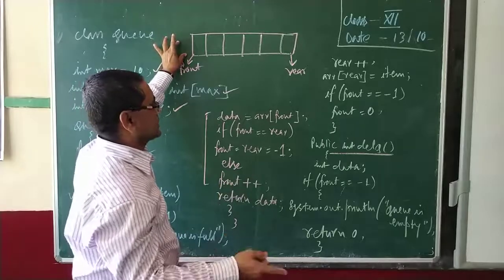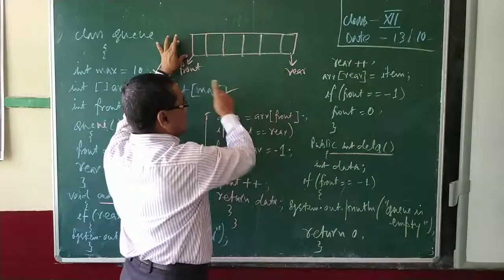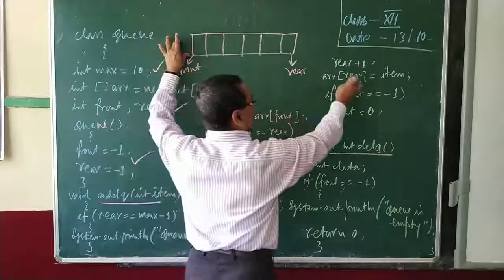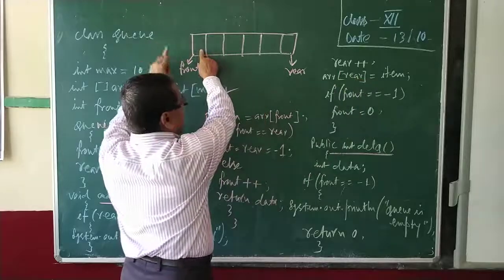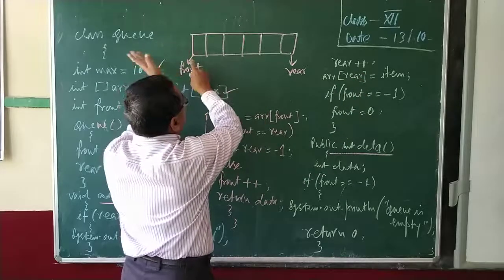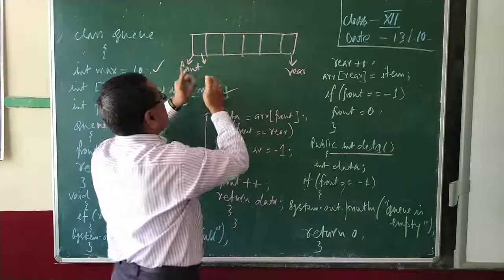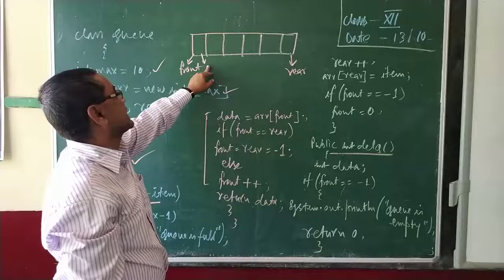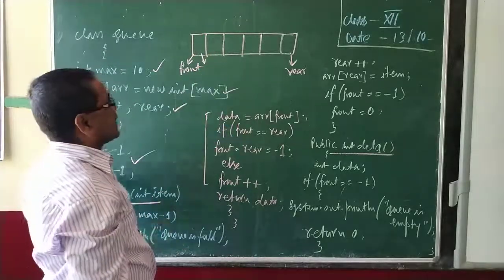You are adding the first element, and because of plus, rear becomes 0. So ARR rear equal to item, and rear is here. Front was still -1, so now front also becomes 0, because for the first time when you are adding, this is the front, this is the rear. When there is only a single element, remember this. Now we keep on adding some more elements.